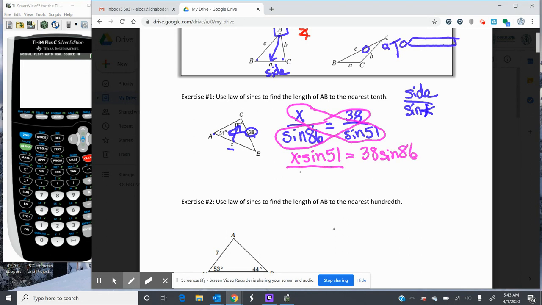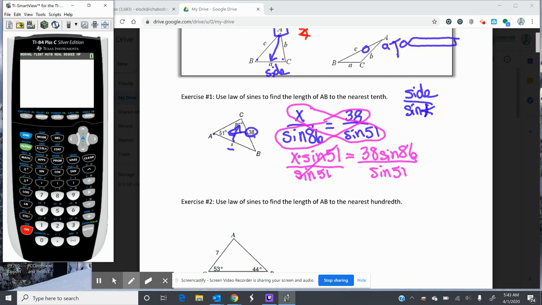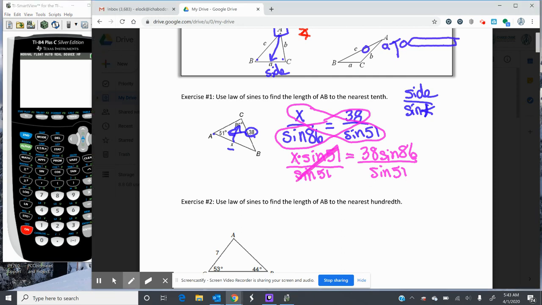And to get x to stand alone, we need to divide by sine 51. So looking into the calculator, we can turn that on. Now here, when this sine 51 cancels out, x is just standing alone. This entire side is a whole fraction. I'm going to type that whole thing in at once.